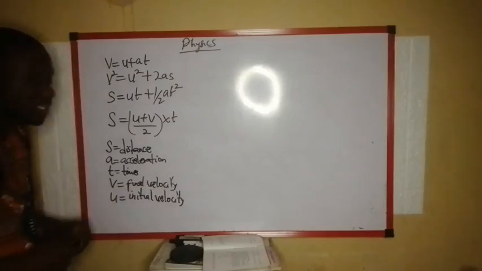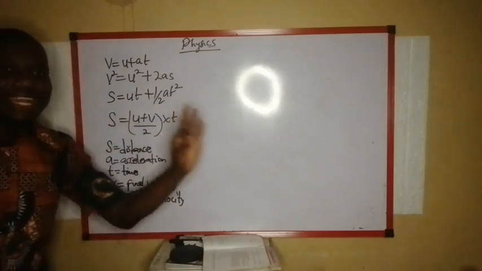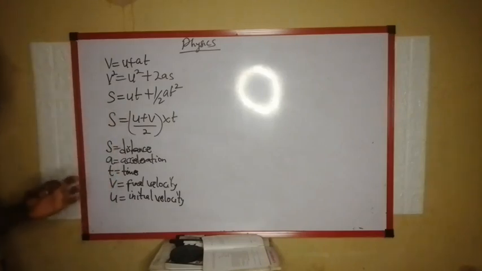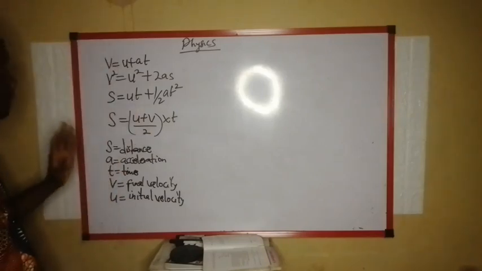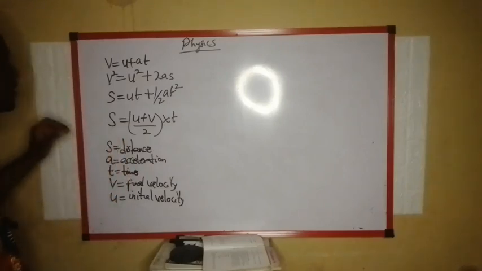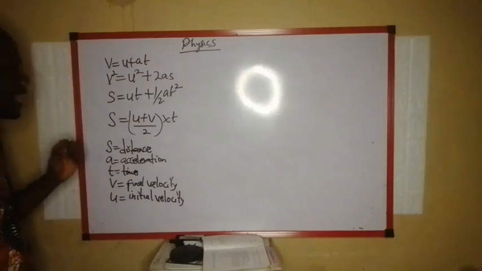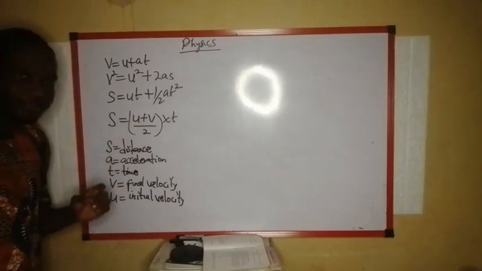We have V, which is the final velocity, and we have U, which is the initial velocity. So we have V equal to U plus AT, V square equal to U square plus 2AS, S equal to UT plus half AT square. Then we have S equal to U plus V over 2 times T.